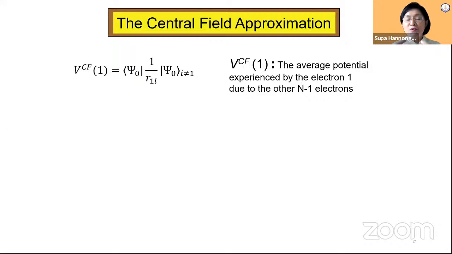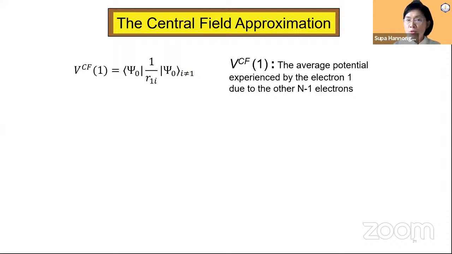You imagine you have electron 1 surrounded by other electrons in the molecule. So the potential of one electron, that means it interacts with the other N-1 electrons. And the potential that we obtain is just the average. Okay, this is called the central field approximation.